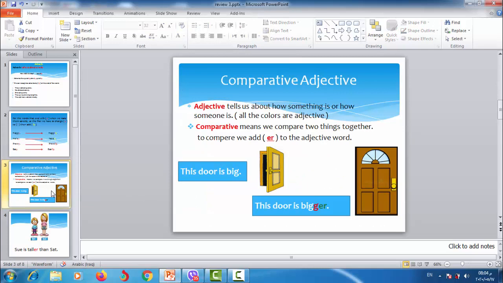Comparative adjective. What is first of all adjective? Adjective tells us about how something is, or how someone is. For example, someone is old, someone is big, someone is short, someone is tall, someone is young, someone is nice.